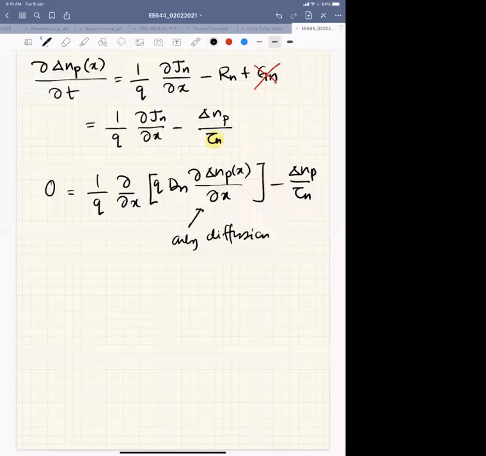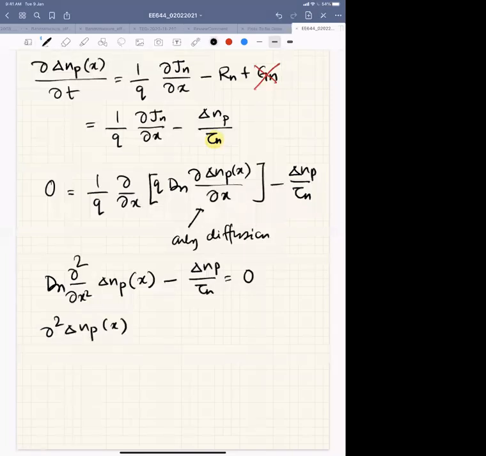So then my equation becomes Dn d square delta np(x) by dx square minus delta np over tau n equals 0, and I could also write this as d square delta np(x) by dx square equals delta np(x) by Ln square, because the root of Dn tau n is Ln.